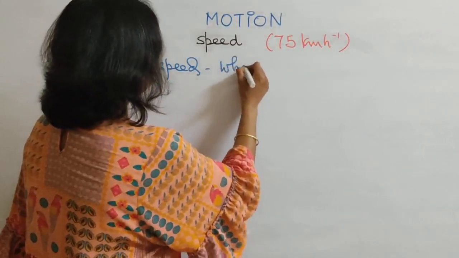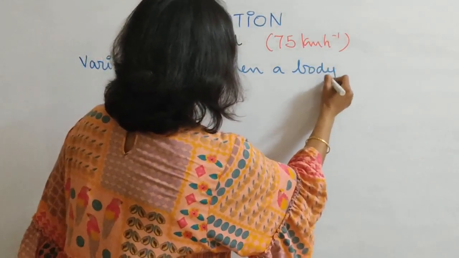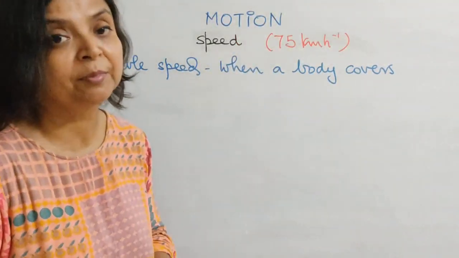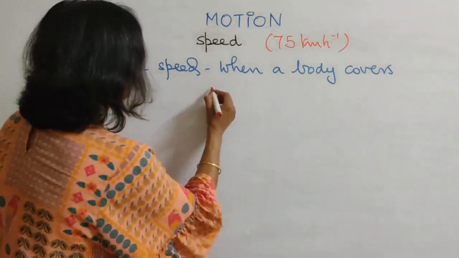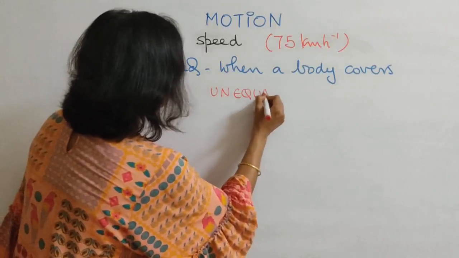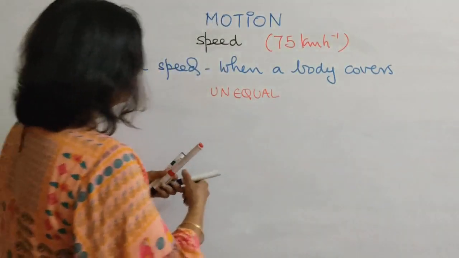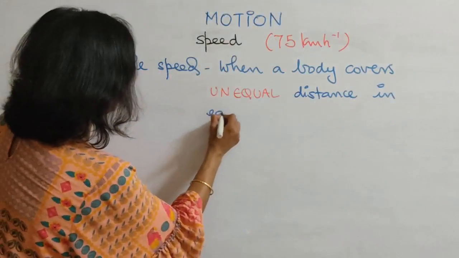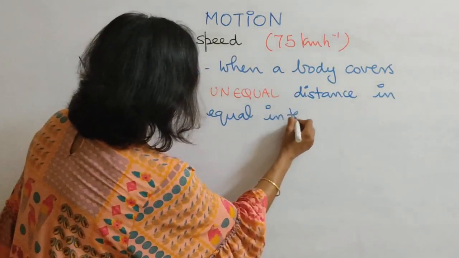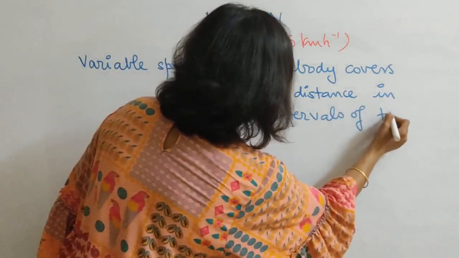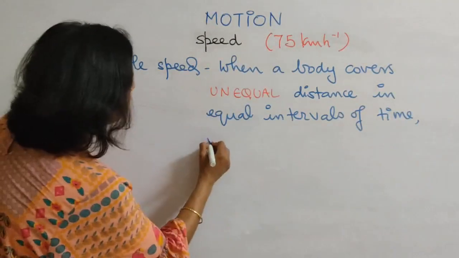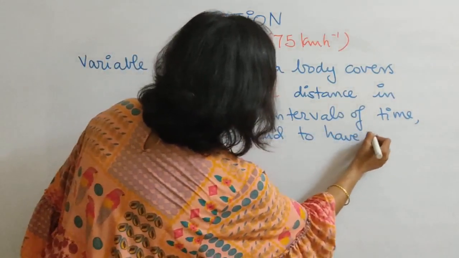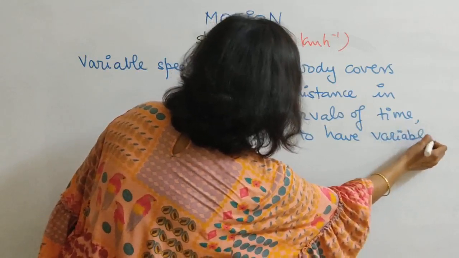When a body covers, not just variable, it changes, it is not the same, it is not equal, and hence the word unequal, distances in equal intervals of time, it is said to have variable speed.